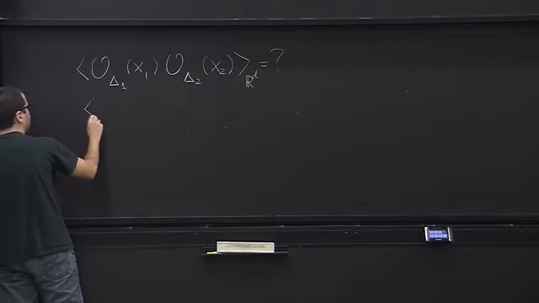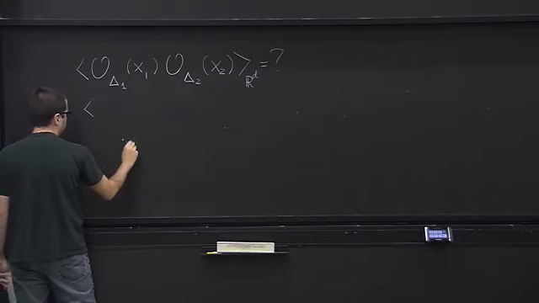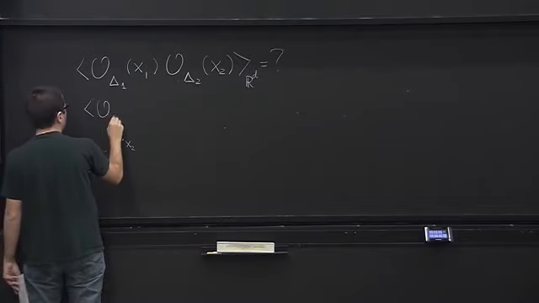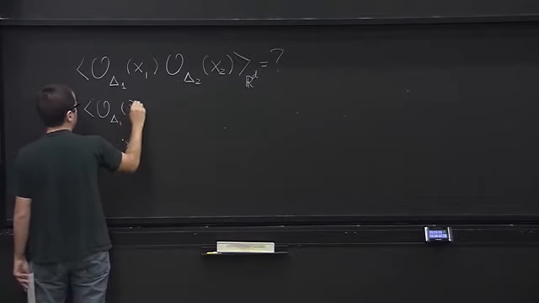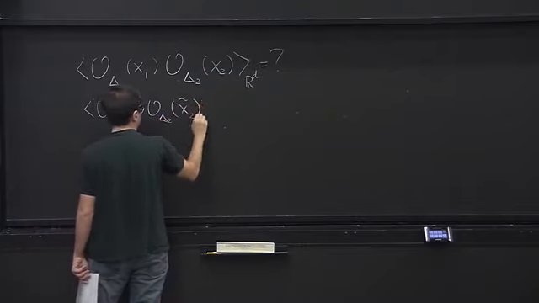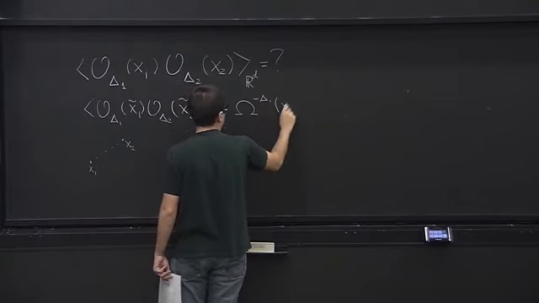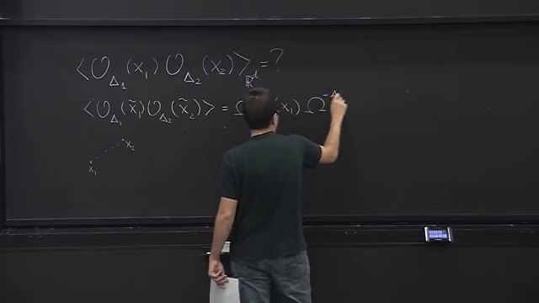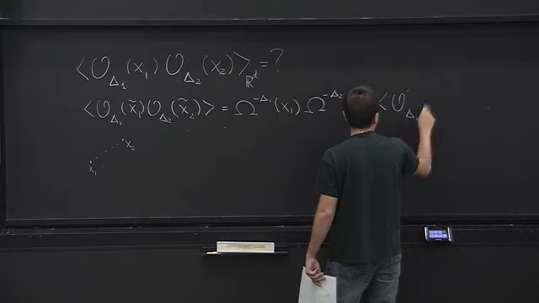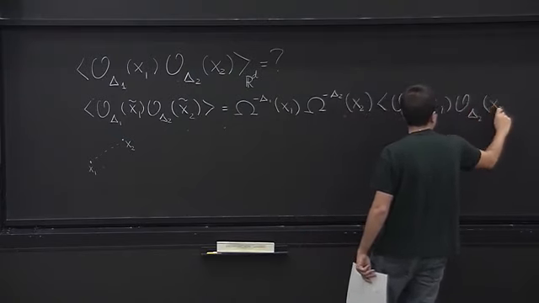We know that under a conformal transformation, so if you have this point x1, x2, under a conformal transformation, the correlator of O_delta1 at x1 tilde and O_delta2 at x2 tilde is equal to omega to the minus delta 1 at x1, omega to the minus delta 2 at x2, times the correlator of O_delta1 at x1 and O_delta2 at x2.